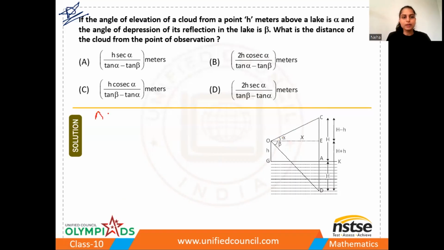In triangle OCE, what do I have? According to the concept of trigonometry, CE over OE is nothing but equal to tan alpha.